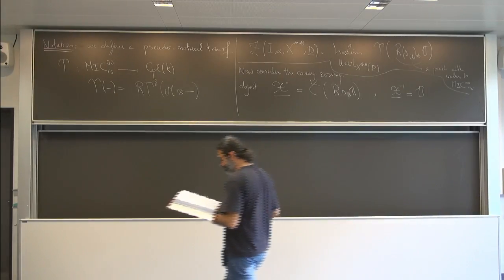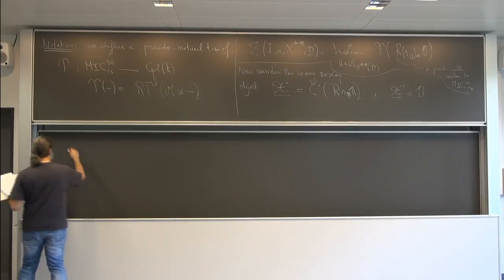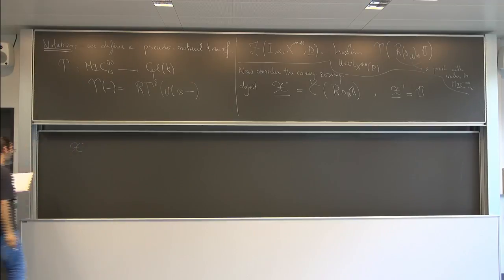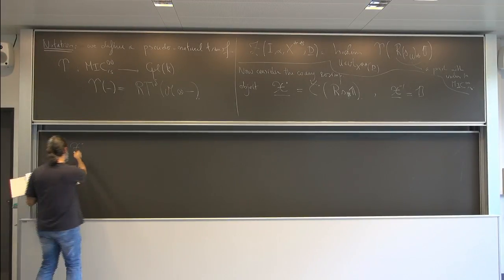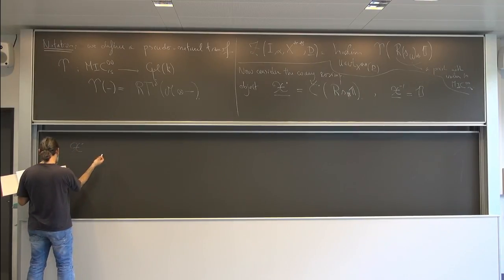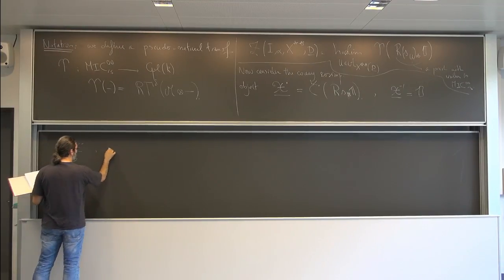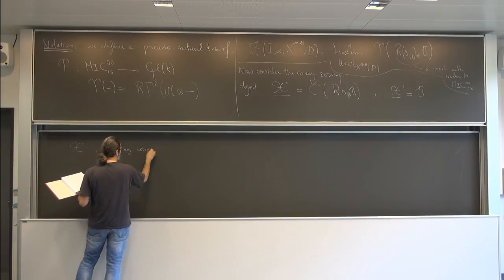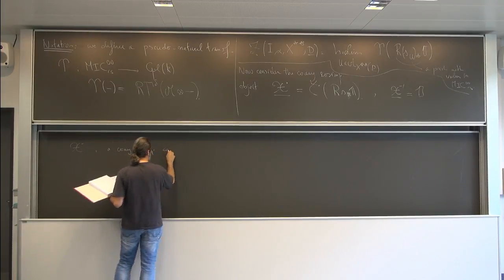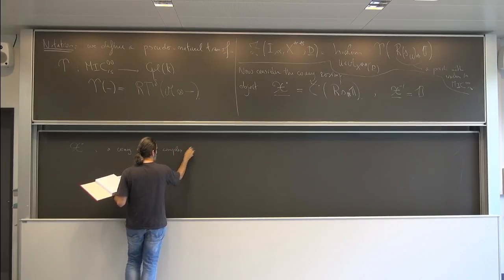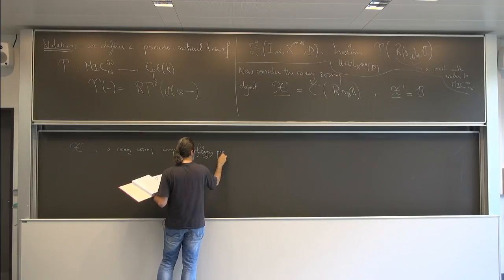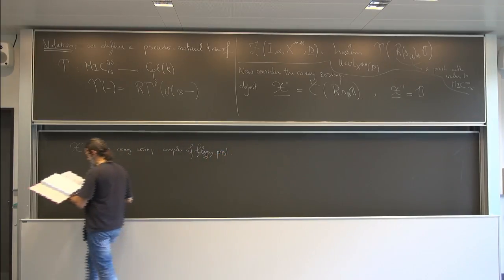Okay, and from this object we now associate also another cosimplicial object, which is x without the underline, and so this will be a co-augmented cosimplicial complex of flaggy presheaves, and it's given as follows.